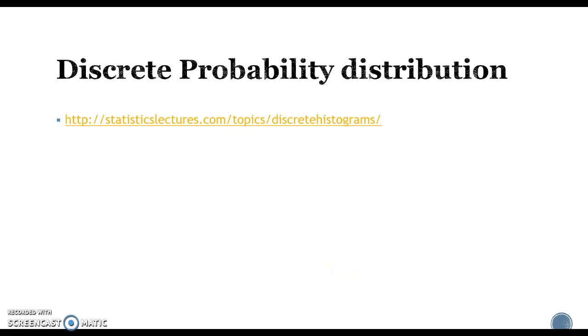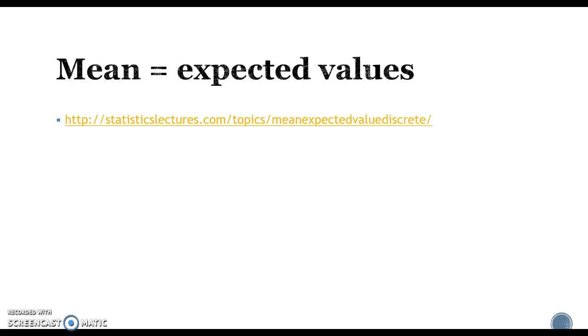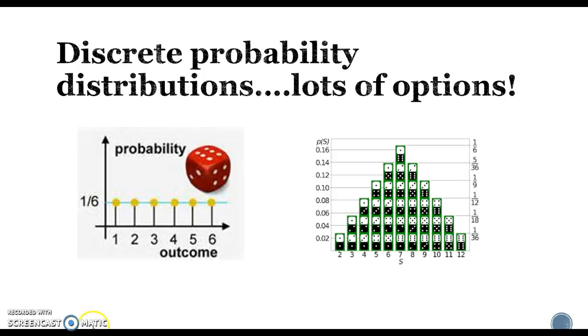So you are going to watch this video, if you haven't already, to give you an introduction to the different distributions and how this whole thing is working. There's another video on mean, really understanding the expected values. If we take the mean of the single dice, that's not really helpful because they're all the same.